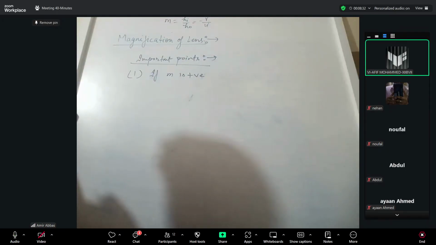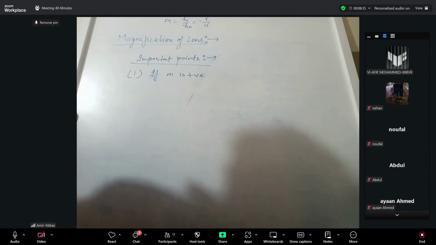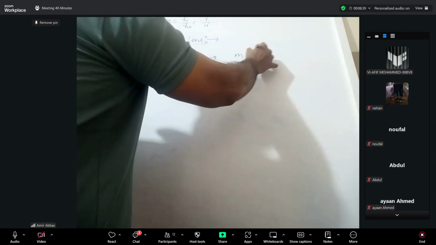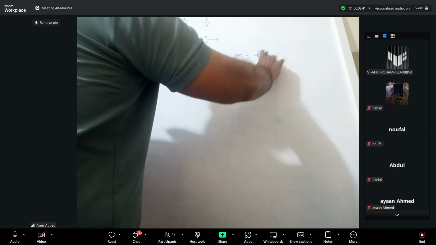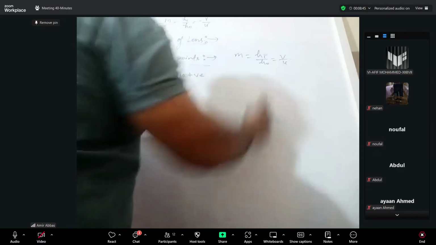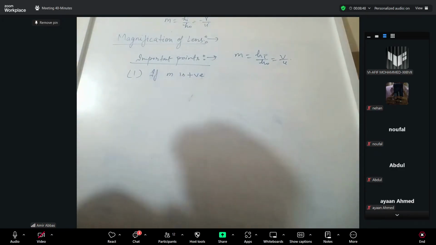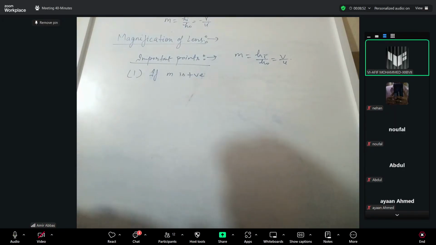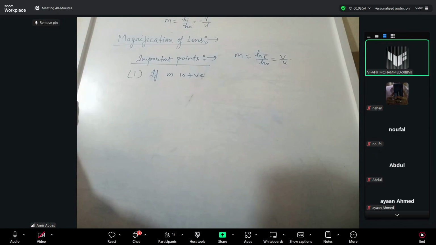When the M will be positive, you see that the formula is V over U, so V should be negative.